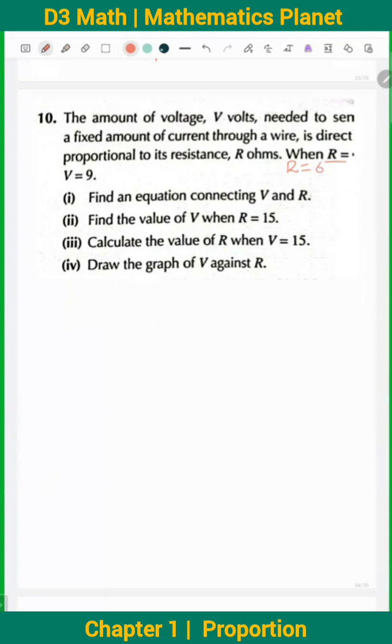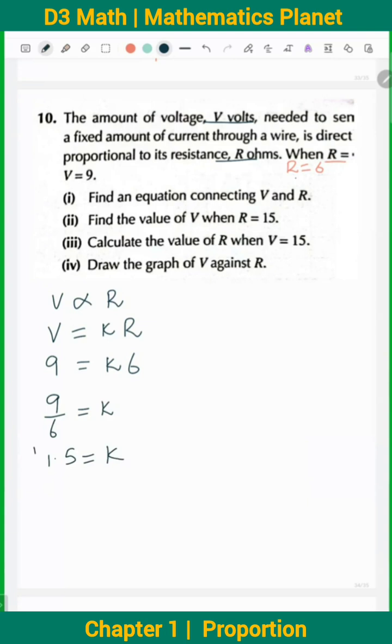So V is directly proportional to resistance R, which means V is equal to KR. R is equal to 6 when V is equal to 9. So what will be K? 9 by 6, 1.5. So you get K as 1.5.